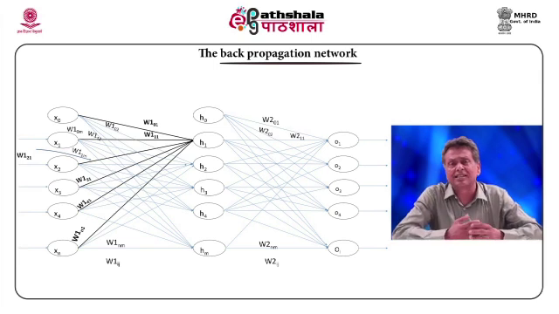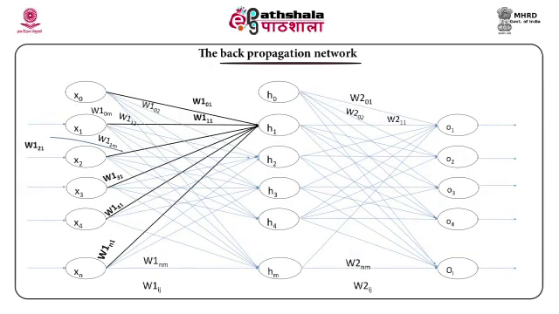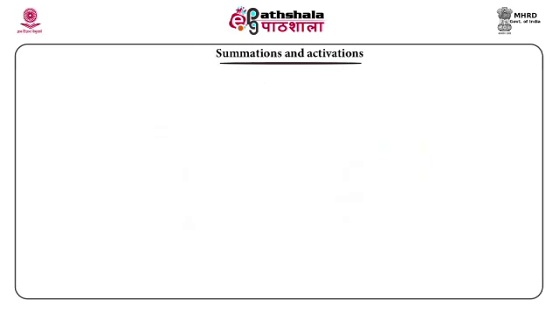Now, how it is summed up. Remember the calculation we require, the sigma that we have seen: x1 W1, x2 W2, x3 W3 and so on, and when you consider the threshold you also have x0 W0, where x0 is basically 1. Suppose I want to calculate the sum at h1; how it is calculated is shown in the next slide.